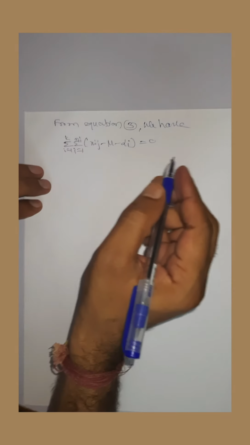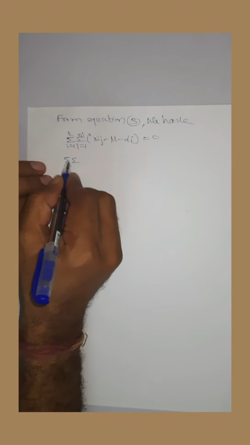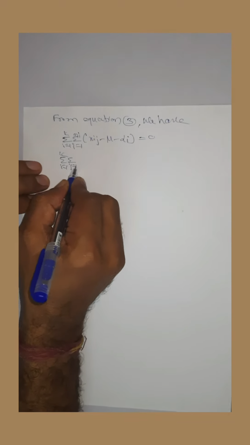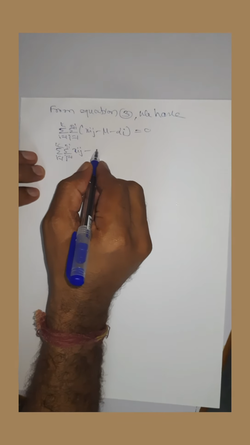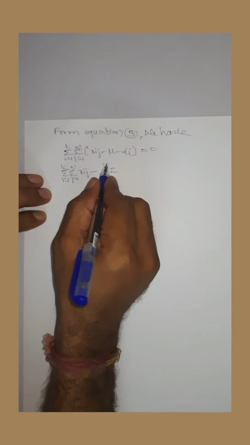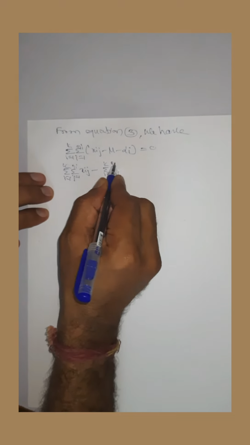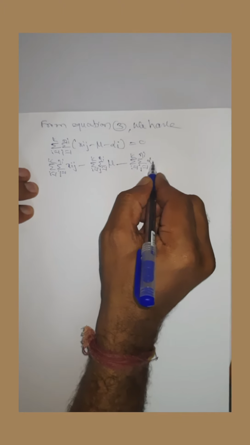Now taking double summation inside, double summation i is equal to 1 to k, j is equal to 1 to ni, xij minus double summation i is equal to 1 to k, j is equal to 1 to ni, mu minus double summation i is equal to 1 to k, j is equal to 1 to ni, alpha i is equal to 0.